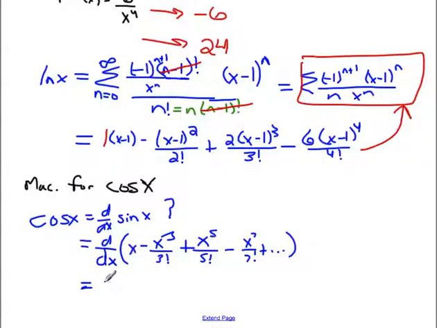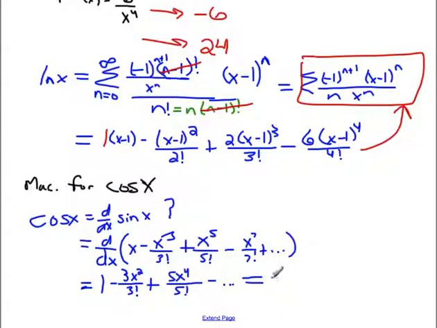The derivative of x is, of course, just 1. The derivative of x cubed is just 3x squared, so that would be minus 3x squared, and you get the 3 factorial down here, and then the derivative of this one would be 5x to the 4th. And then you'd have your 5 factorial, and then it would just keep going, going, and going.